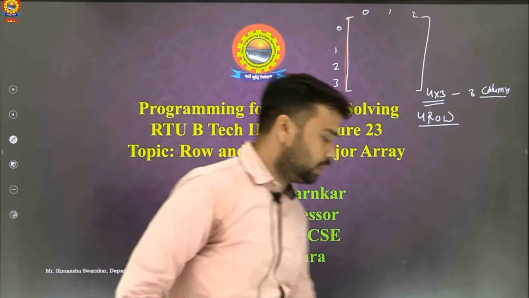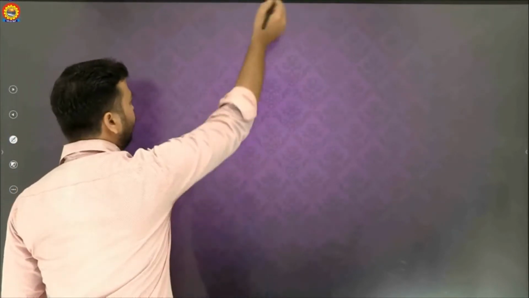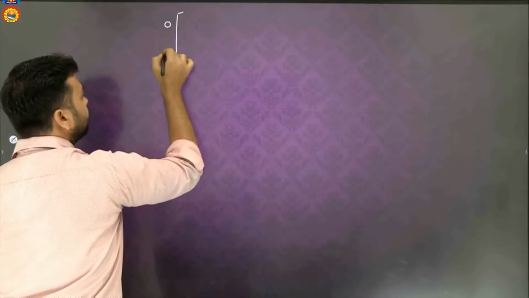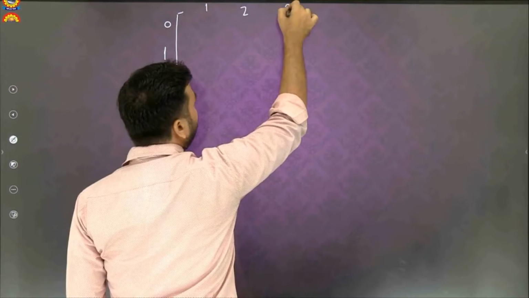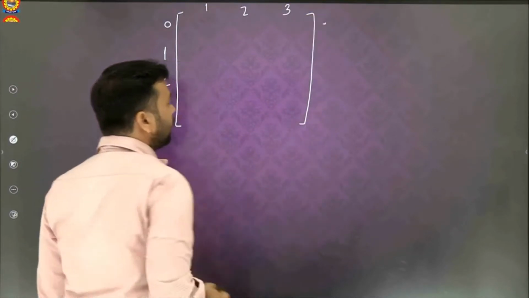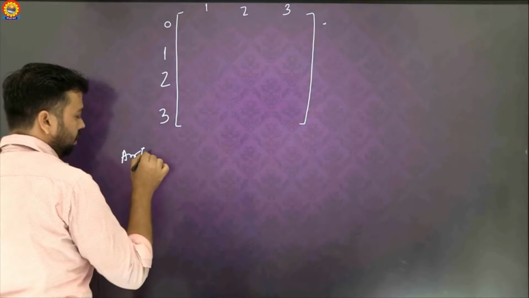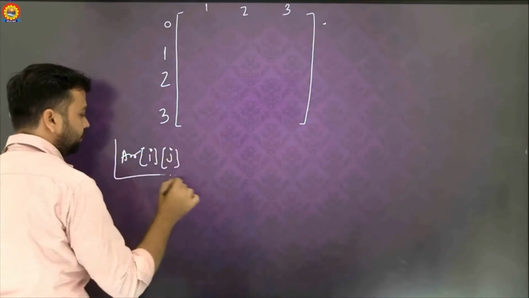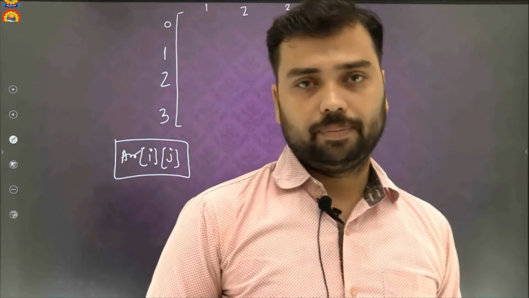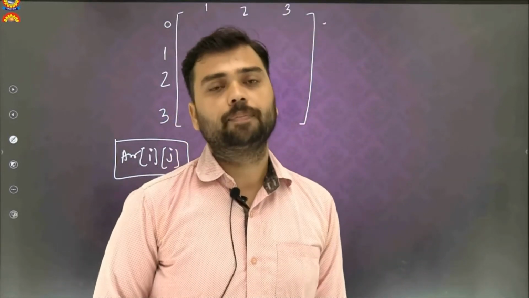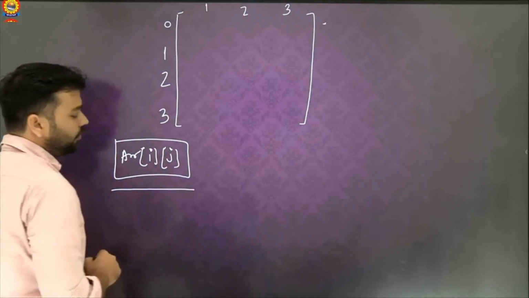Now the question is, suppose somebody asks you what is the address of, suppose it is an array, array of i and j, where i will be any number from the rows and j will be any number from the columns. How can we identify the address of this particular element?